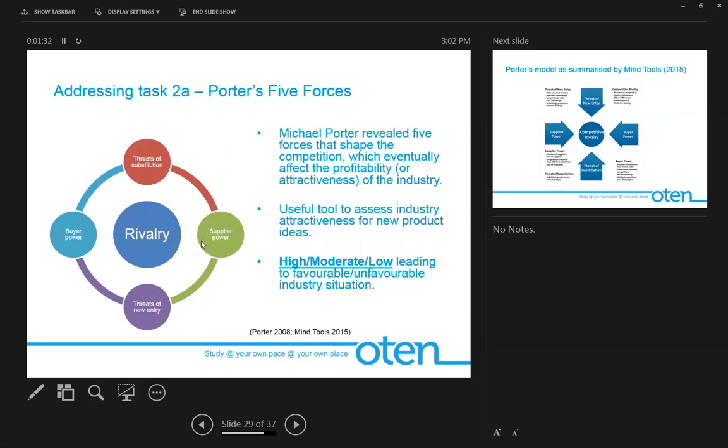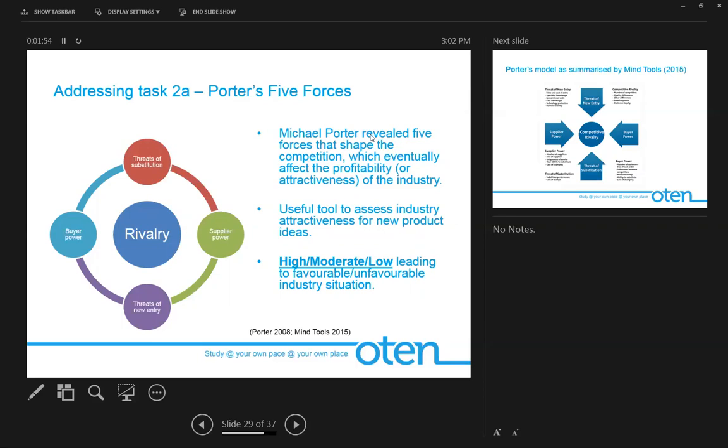Okay, and you can refer to Mind Tools, for instance, to have more information about analyzing these 4 or 5 forces. Essentially, Porter revealed that there are 5 forces that shape the competition. So these forces basically affect how we can compete in the market.